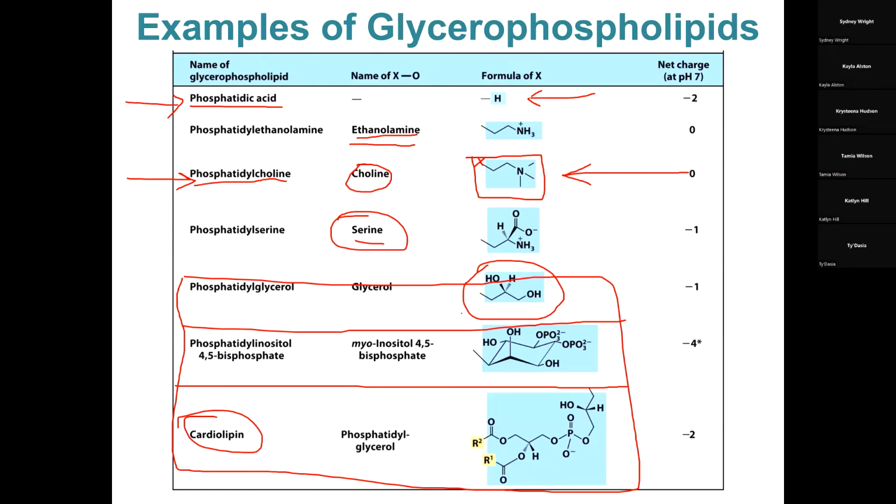And it'll also be advantageous to know that there are other things. You don't have to really memorize what they are, but just remember that there are other things. In particular, remember that they are sugars and cardiolipins. I won't ask you for the structure of cardiolipins, but I might ask a question just mentioning cardiolipins. And so you may want to remember that they are part of the glycerophospholipids.